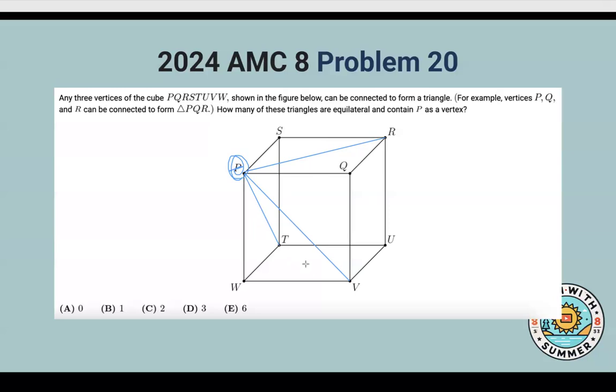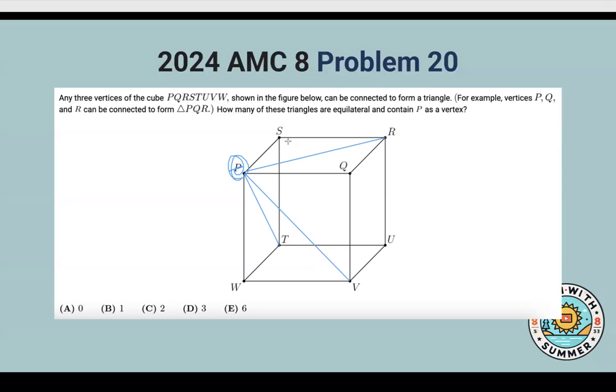And then we can also prove that it has to contain at least two, because in order to get back to P from another vertex, it also has to be a face diagonal, and of course, it also has to connect to P. So no matter what, when we create an equilateral triangle from P, it has to have two line segments coming off of P, which means that for each of our equilateral triangles, we need to use two of these line segments. So either PT, PV, or PR, we need to use two of them, right?